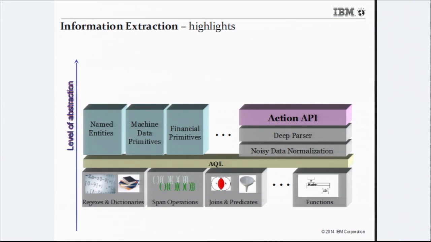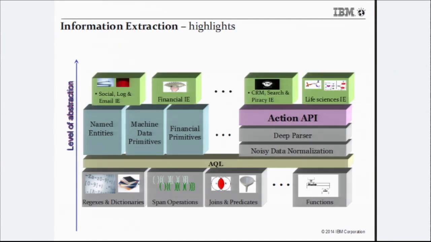We then also look towards wrapping around dependency parsers, providing normalization of noisy data, and we also expose all these extraction routines for more high-level extraction pipelines to be performed, which are more domain-specific. For example, log extraction, then health sciences, piracy extraction. We've done numerous interesting use cases around this.